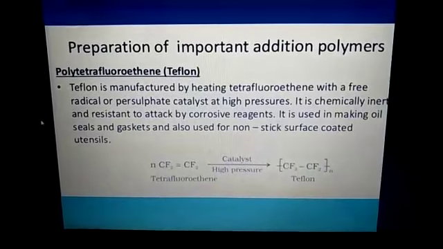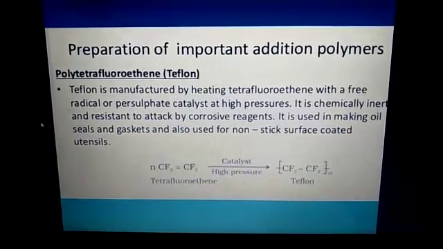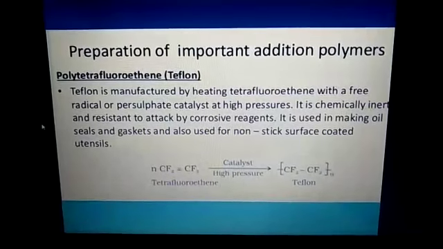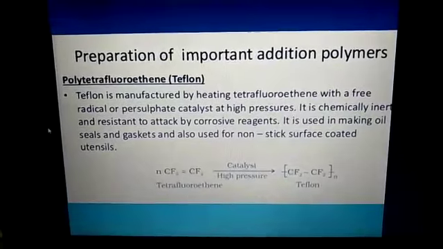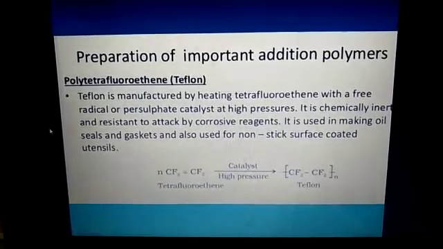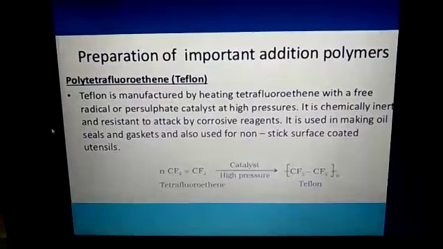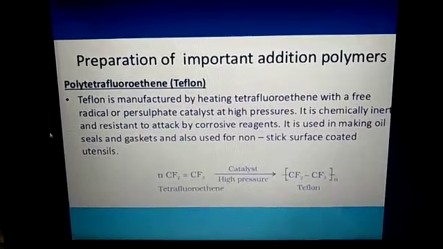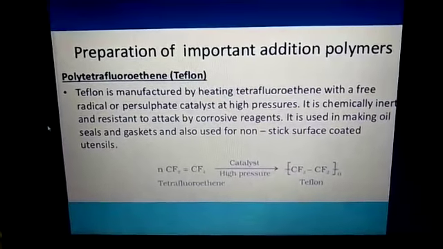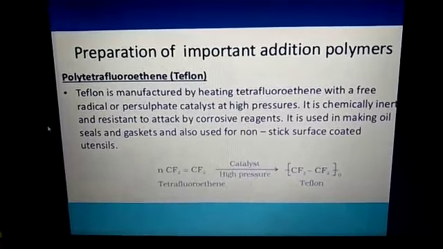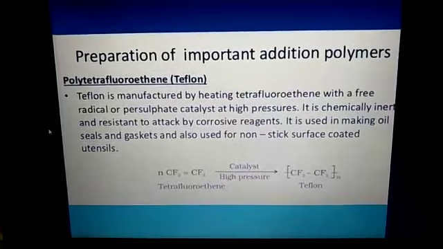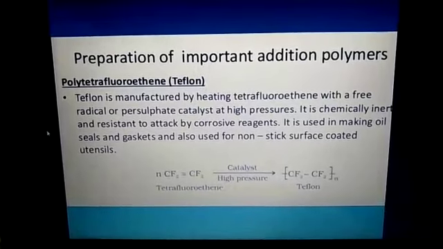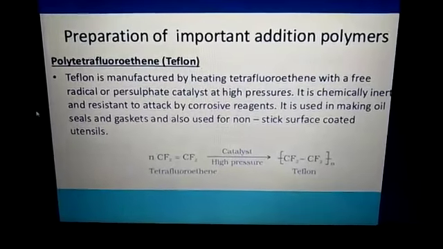Low density polythene is a transparent polymer having moderate tensile strength and toughness, chemically inert, slightly flexible and a poor conductor of electricity, while high density polythene is generally obtained by the coordination polymerization using Ziegler-Natta catalyst for the polymerization of ethene at the temperature of 343 Kelvin and pressure of 6 to 7 atmosphere.